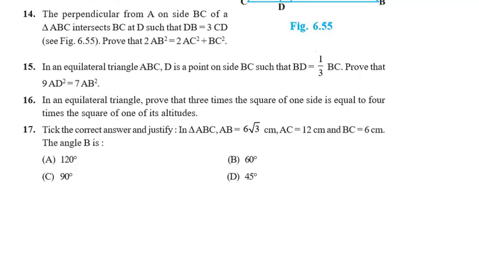Okay, so you can try this problem first by yourself and then you can see the solution. So here we are given an equilateral triangle ABC, and I have a point D on BC such that BD is 1 upon 3 BC.